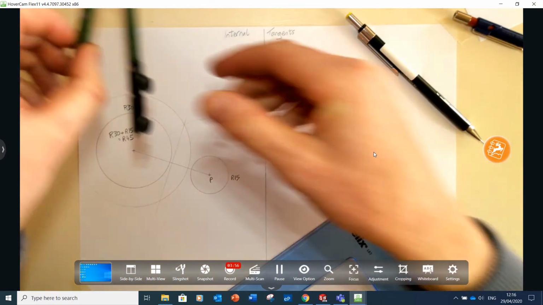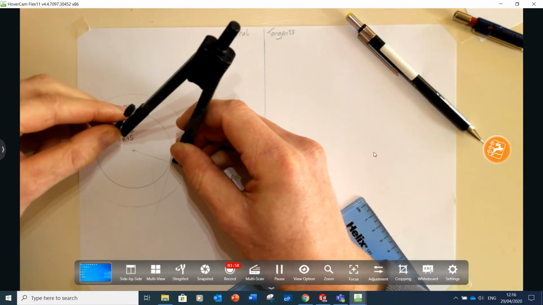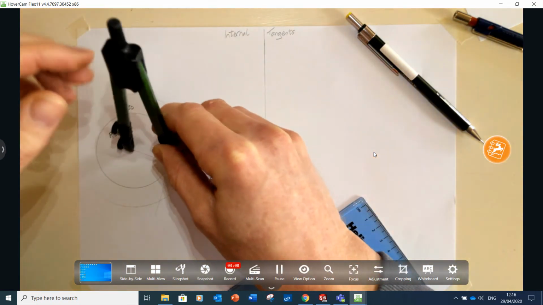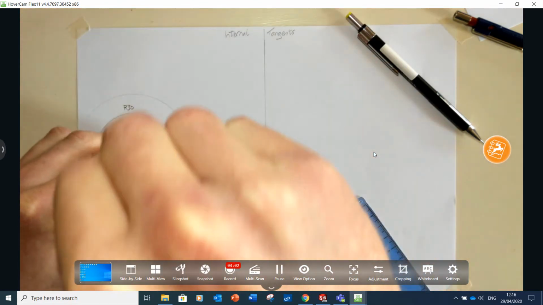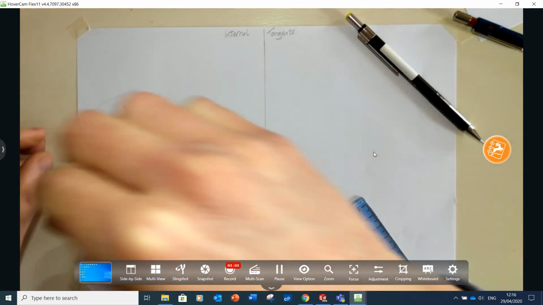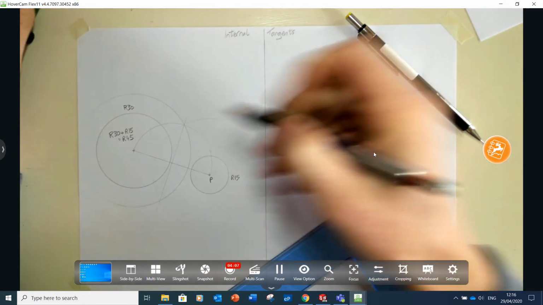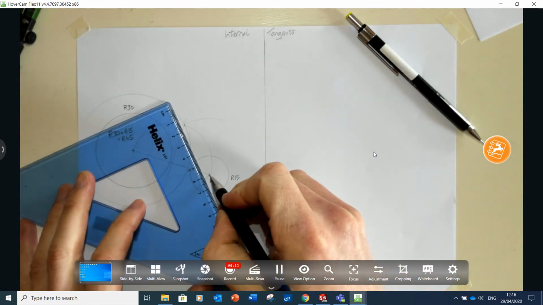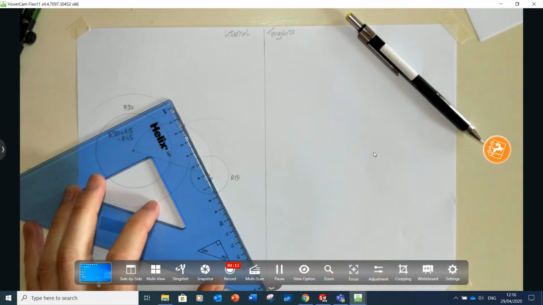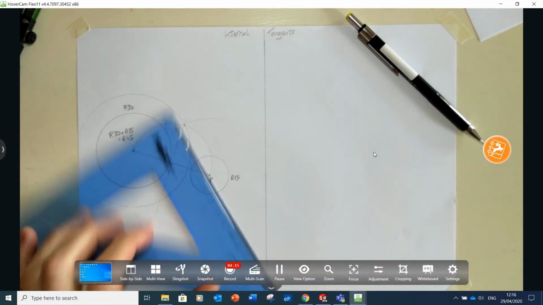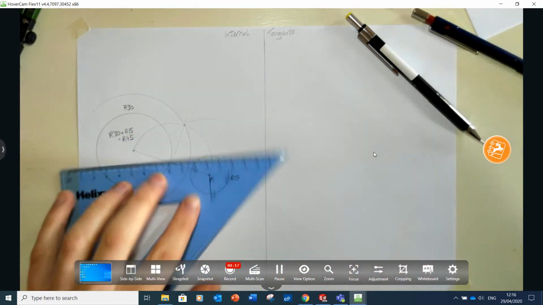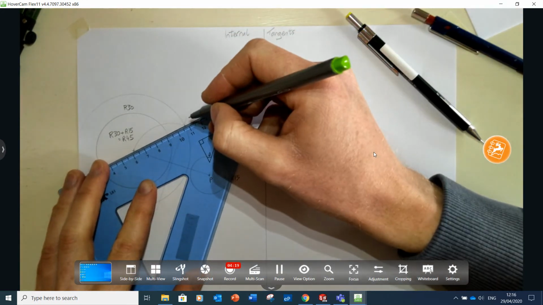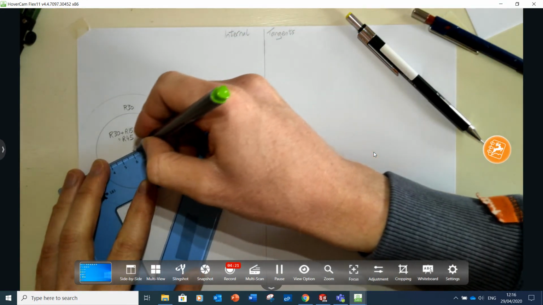I would then go and draw my semicircle on top of that line, like so. And what I would have then would be a point of contact from point P to the large circle, and it would be drawn like so. But I don't want to draw that tangent, but what I will do is draw the normal.